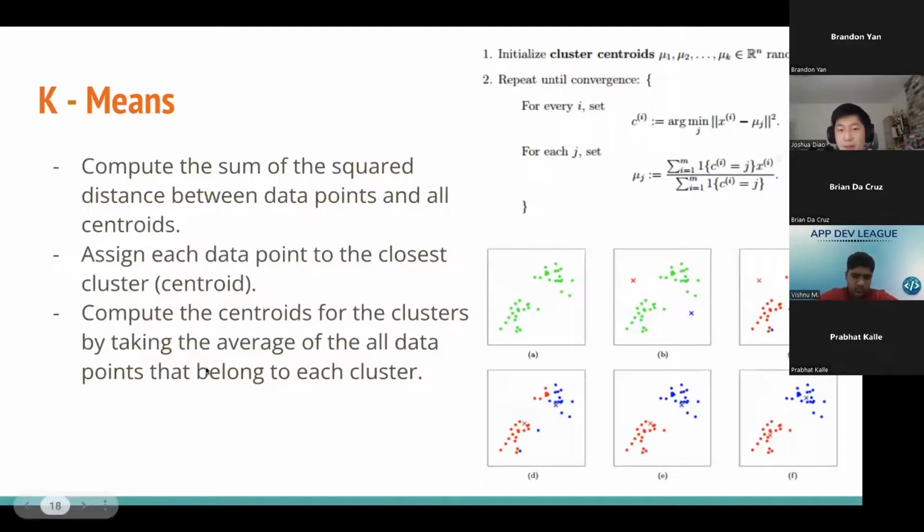And I put a picture here as the mathematical formula for representing this algorithm. But I feel like the intuitive explanation is way better to understand than just looking at the math formula. But if you're interested, this is the math formula here. And we have mu here, which is the centroid, if I didn't mention it before.